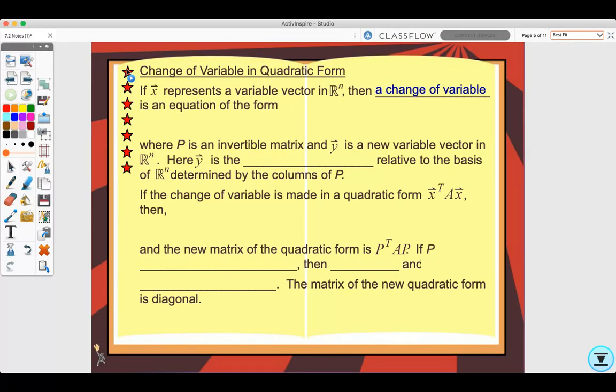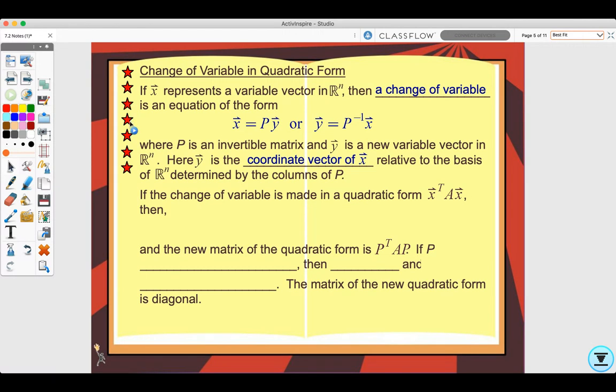If x represents a variable vector in Rn, then a change of variable is an equation of the form x equals P y, or y equals P inverse x, where P is an invertible matrix and y is a new variable vector in Rn.